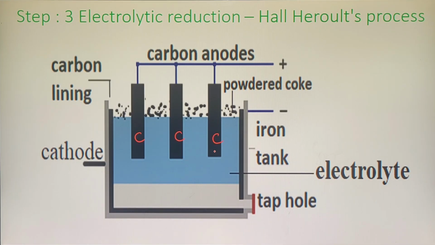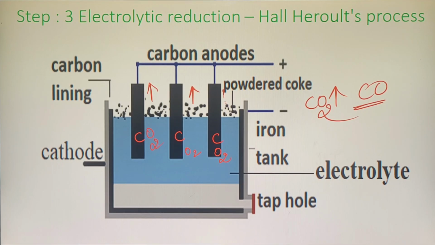So which is the gas that is getting liberated at the anode? At my anode, I have oxygen gas liberating. Now, when carbon reacts with oxygen, if there is full oxidation happening, I'll get CO2. If there is incomplete oxidation happening, I'll get carbon monoxide. Now, carbon dioxide is in the form of a gas.